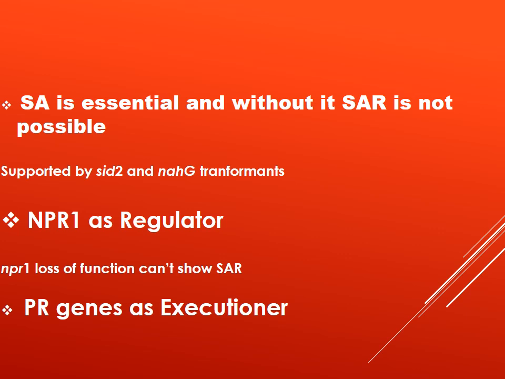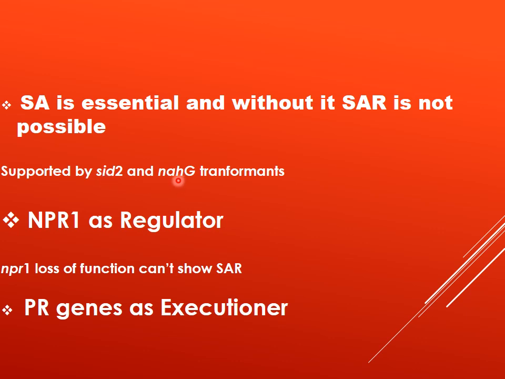This slide is actually an extension of the previous slide. We already know that salicylic acid is not the signaling molecule, but without salicylic acid, SAR is not possible. This is supported by experiments done on the loss-of-function mutant SID2, in which salicylic acid is not produced, and that mutant also does not show any systemic acquired resistance.